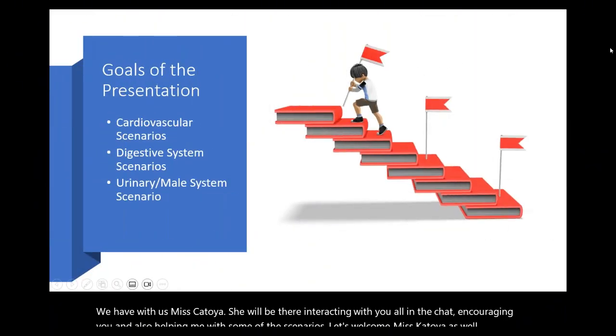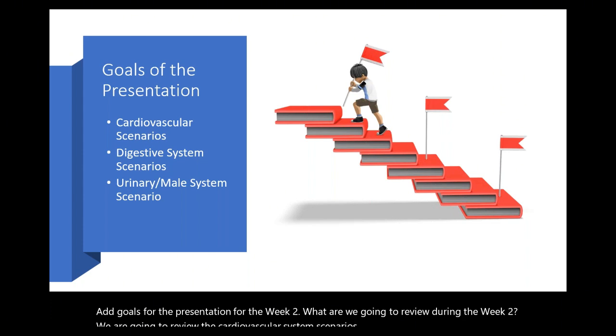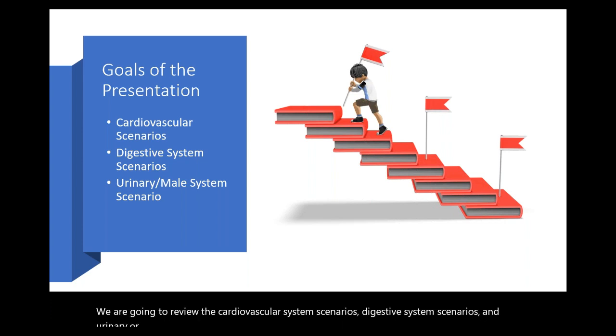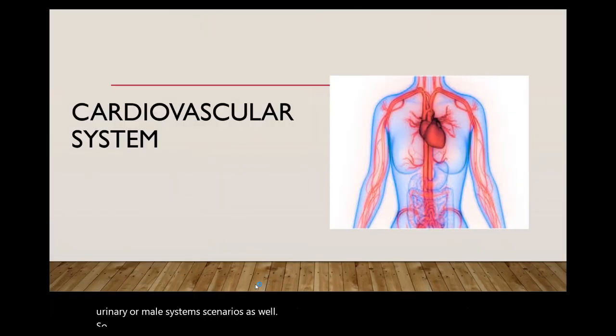Goals for the presentation for week 2. What are we going to review during week 2? We are going to review the cardiovascular system scenarios, digestive system scenarios, and urinary or male system scenarios as well. So let's get started with the cardiovascular system.